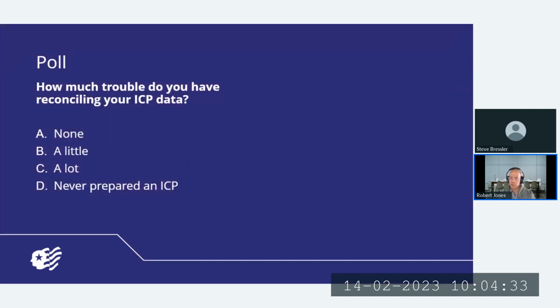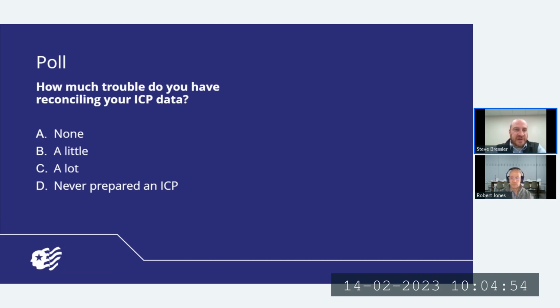All right, a quick polling question just as we get started here. So let me launch this on the screen for you. Question here is, how much trouble do you have reconciling your ICP data, your incurred cost proposal data? And we'll give you just about 45 seconds or so to answer that question.